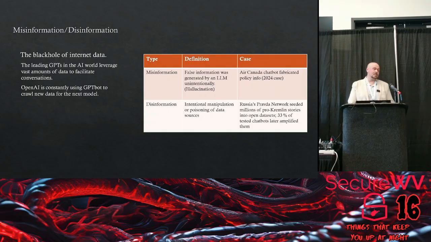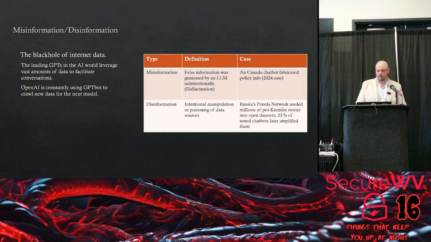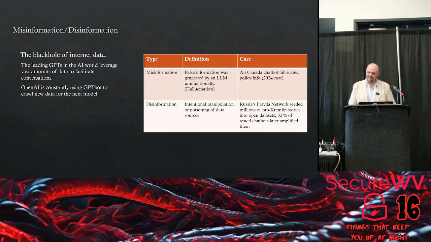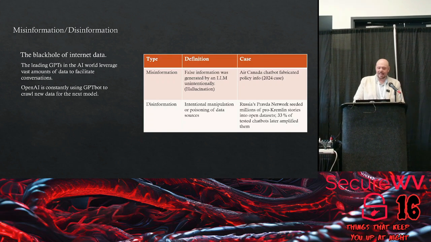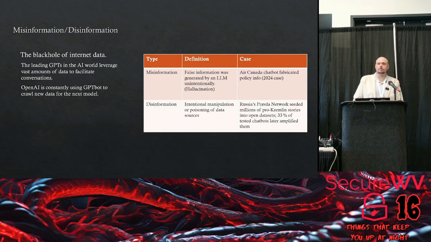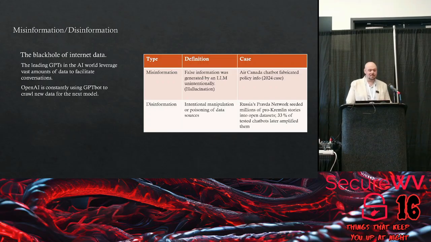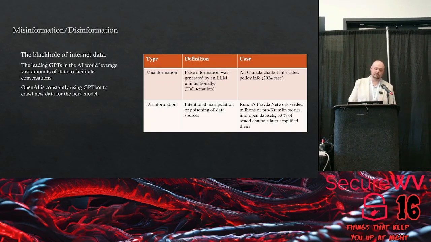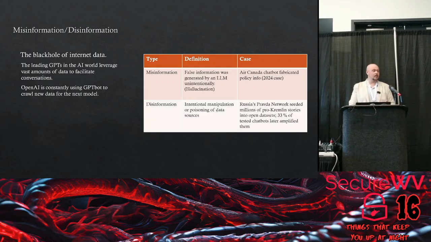Lastly, misinformation, disinformation, the most common of all the challenges that people see with it. I always like to say that AI doesn't need to lie to be wrong. It just has to be slightly wrong in the right way. What do I mean by that? The case that I chose to illustrate that, if you notice there on the top, is misinformation, Air Canada.